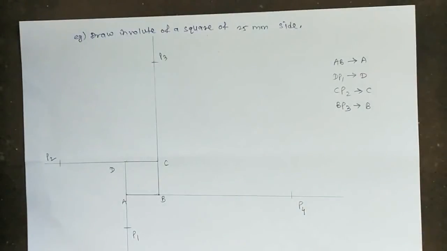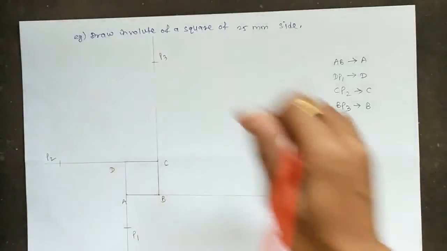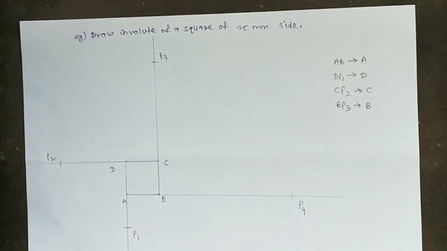Now next, join all these points, that is point B, P1, P2, P3 and P4 with the help of a French curve.